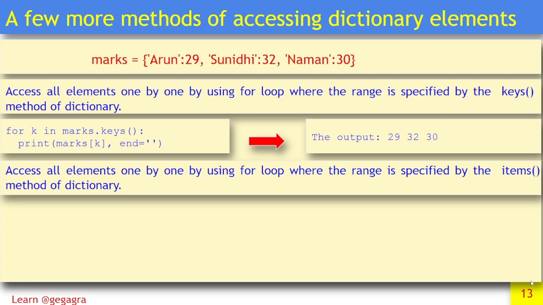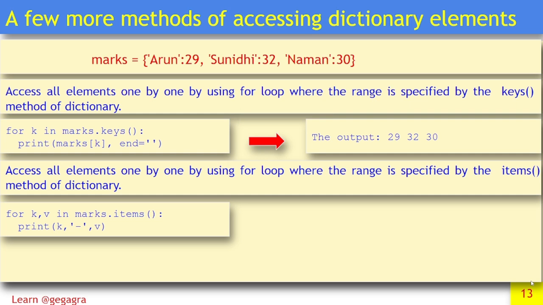Now the next method is to access all the elements one by one using a loop where the range is specified by the items method of the dictionary. The items method reads a key and value pair at a time. For that I have to use two identifiers, one meant for the key and the other for reading the value.